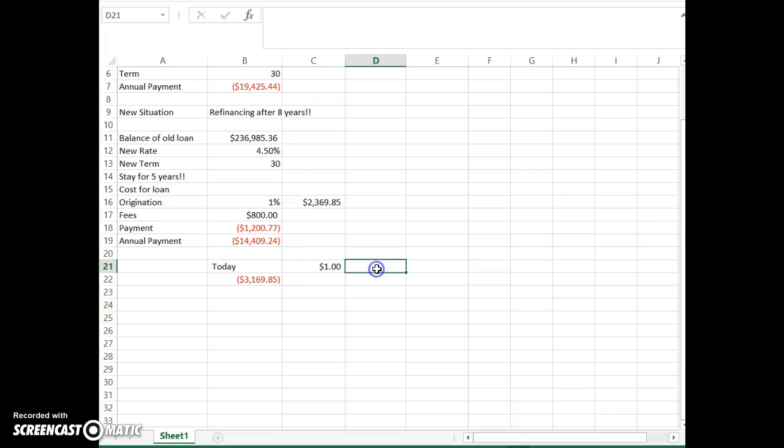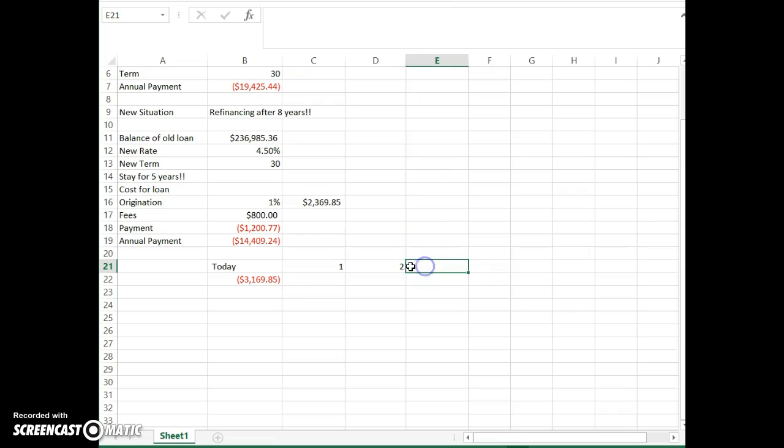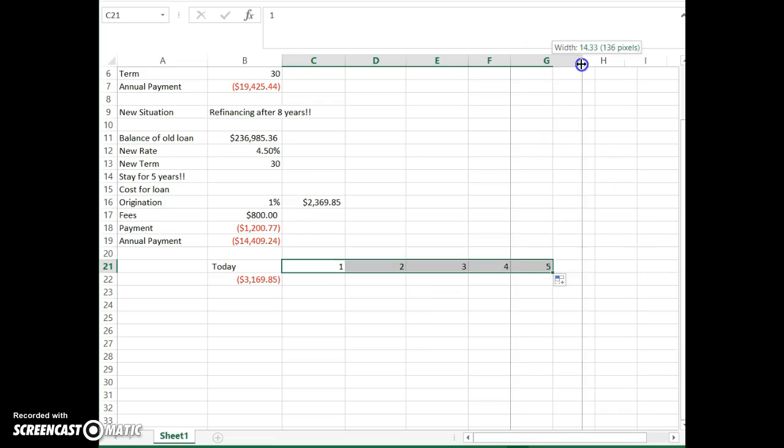Since we understand it's for 5 years, we're going to spread this out for 5 years. And just highlight it down and go 3, 4, 5. Just like that.